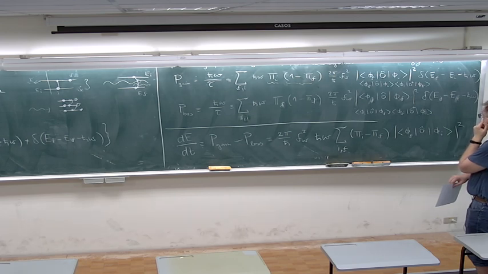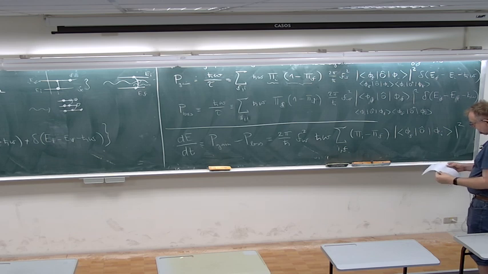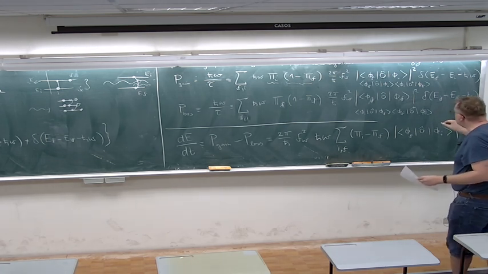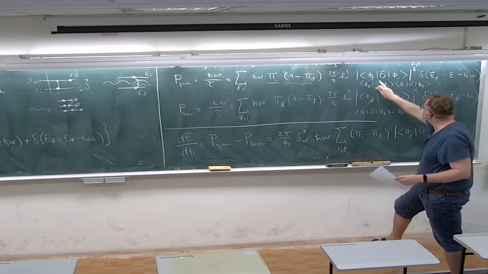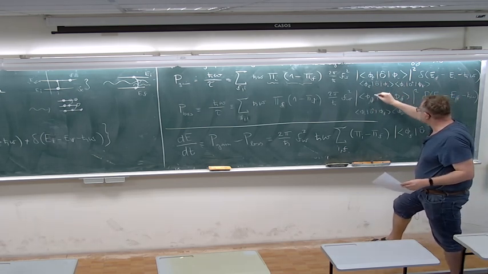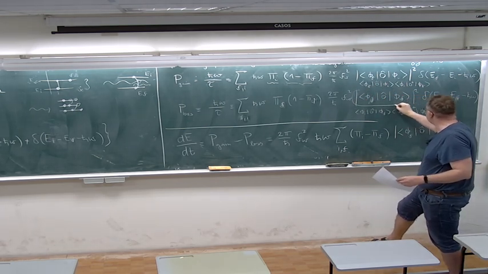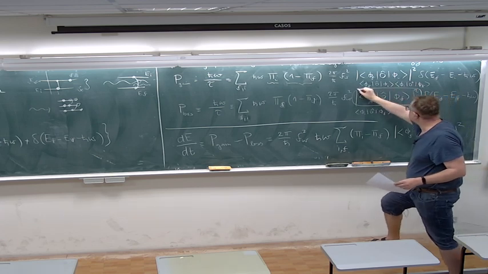Okay, but somehow in my notes I just said that this is the same as this, and next time I need to clarify. Is it clear that this thing in the absolute value square is the same as this thing?